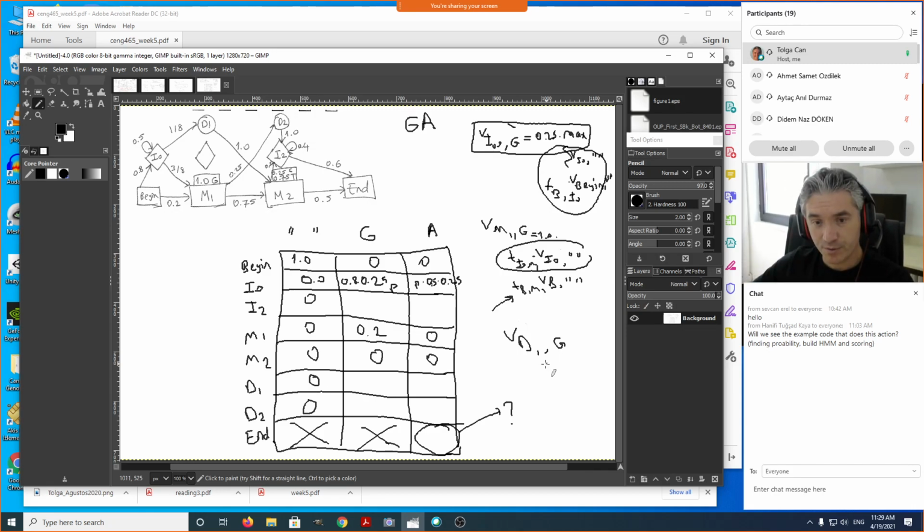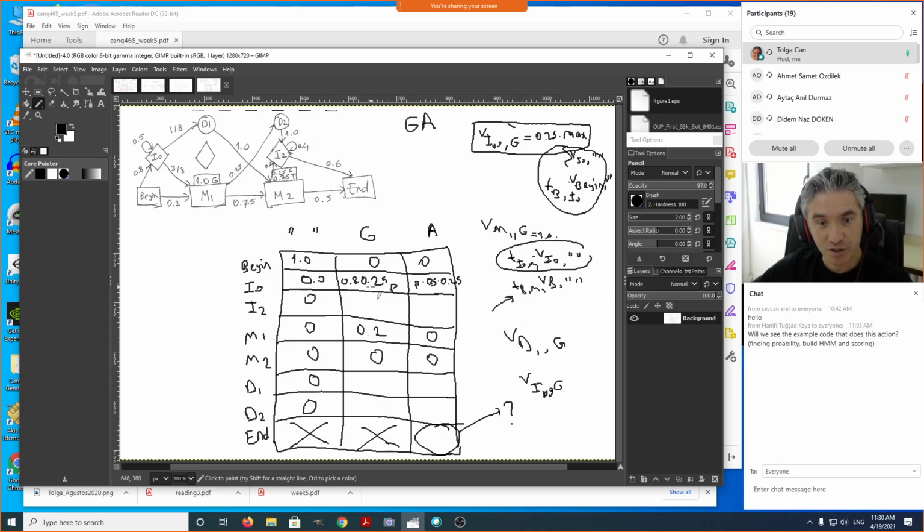The probability to observe G at D1 is equal to, I have only one option, and as you can see, I have to look at VI0G. G remains as G because the delete state doesn't emit anything. So this G must have been observed at the previous state.